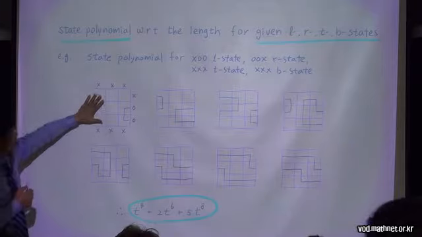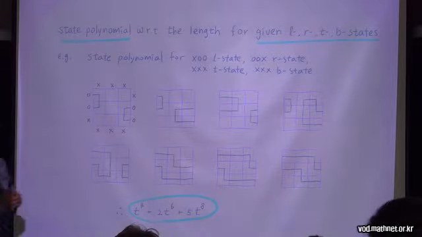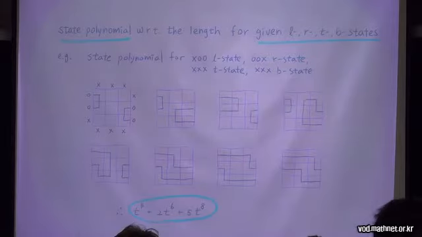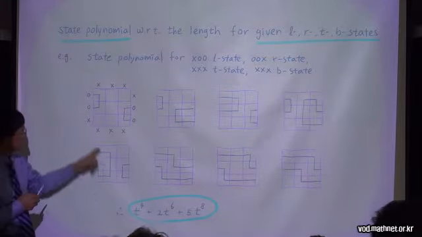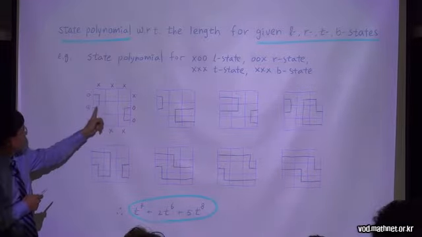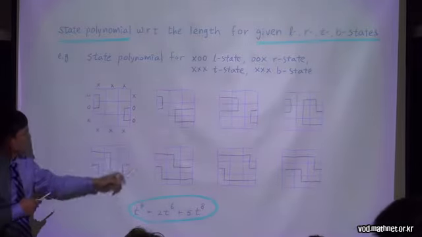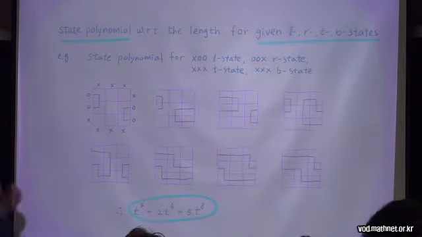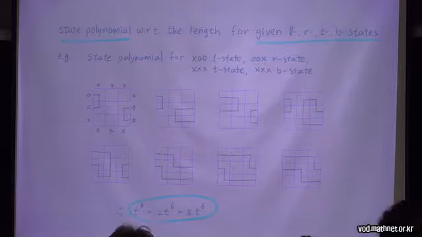In this case, we have 8 choices of mosaics. The state polynomial is like that. Here we have 1 choice of mosaic with length 4, 2 choices of mosaics of length 6, and 5 choices of mosaics of length 8. So that's the state polynomial.